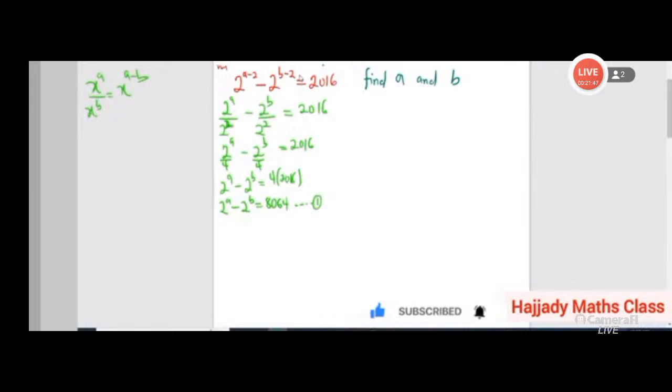Now we are going to form equation 2. Since we have 2 raised to power a minus 2 raised to power b, one thing we are very sure of is that the value is surely greater than 0. We are very certain of that. So it tells us that our a will be greater than our b.